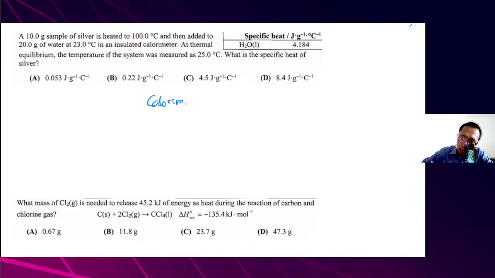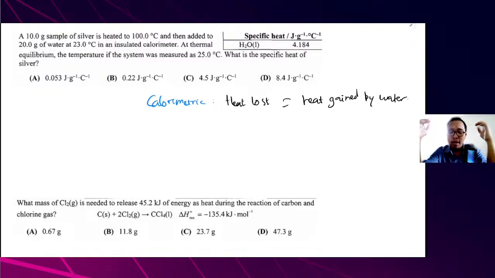Calorimetric problem. So how to solve this one? The heat loss will be equal to the heat gain by water.